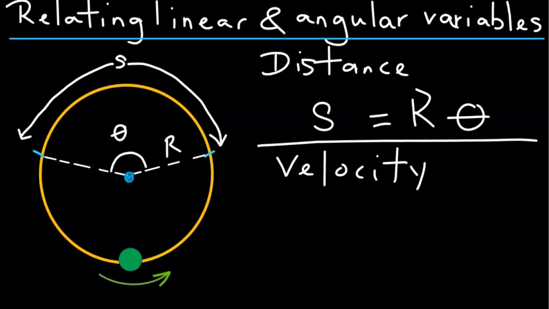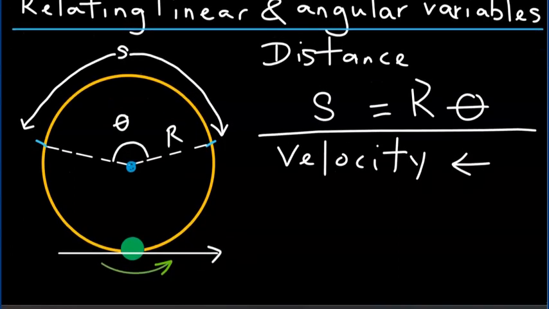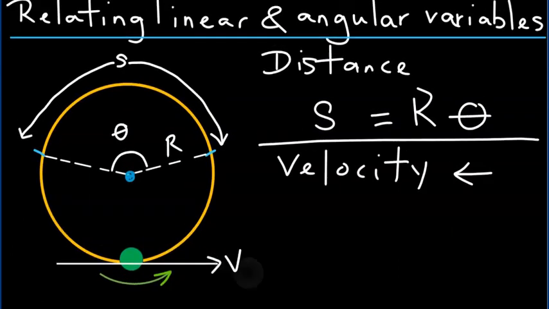The next pair of variables that we want to relate are the angular and linear velocities. The linear velocity that we are interested in here is the tangential velocity, labeled here as v sub t. So what is the connection between v sub t and the angular velocity omega, which in this case is coming out of the plane of the screen?